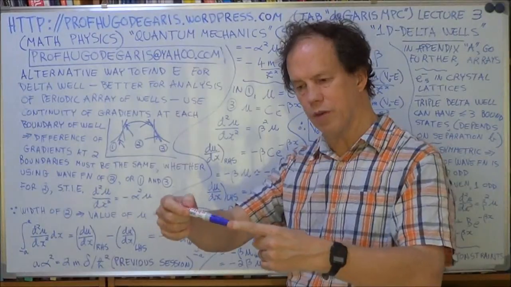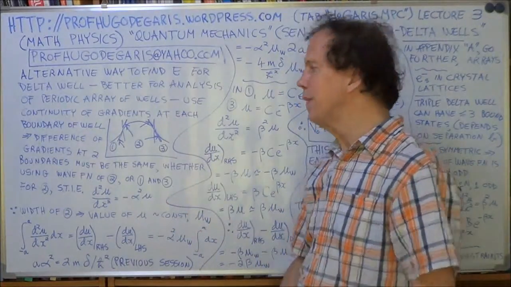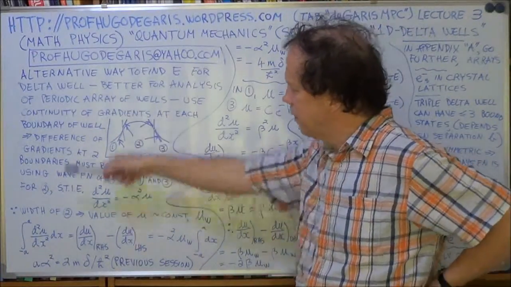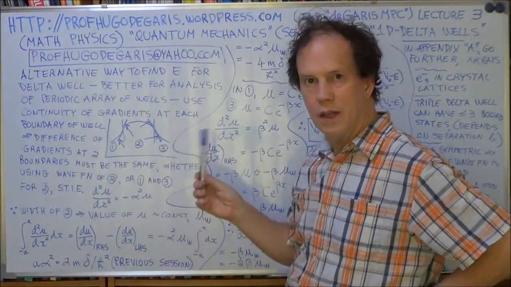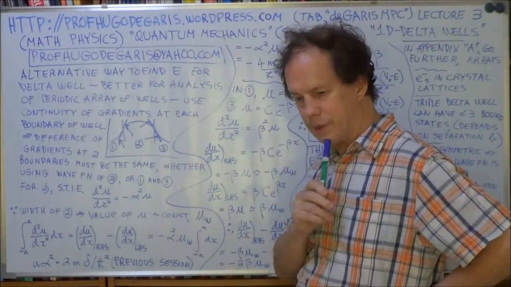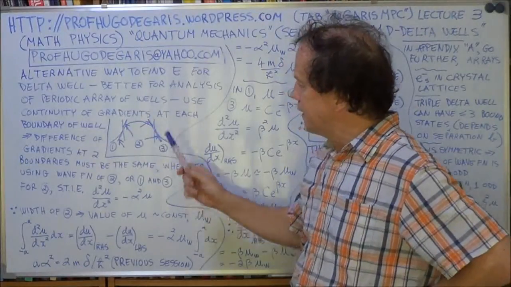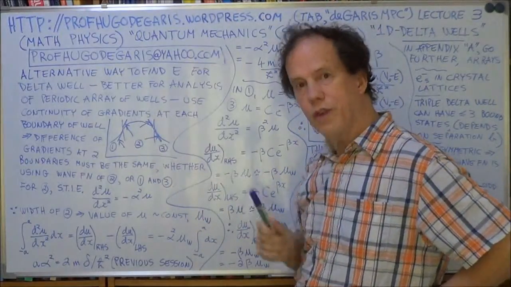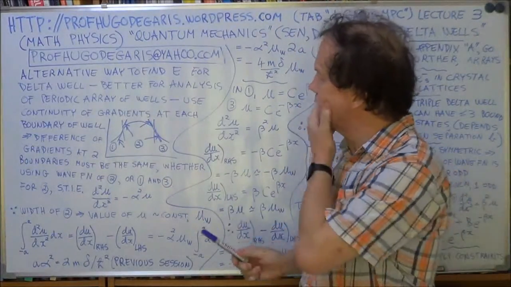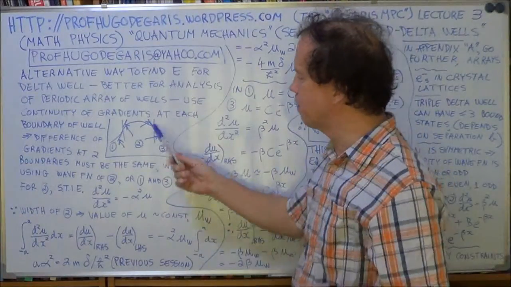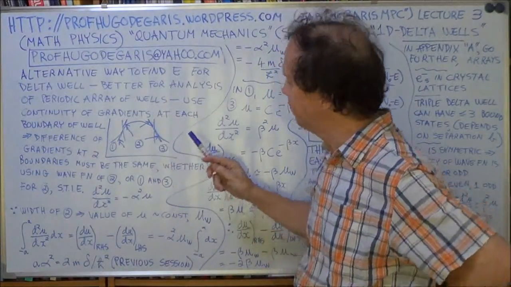You have to have continuity of gradient on either side of the boundary. So in this second technique for finding the energy of the wave function, the eigenvalue, we will use continuity of the gradient, right? So here's the idea. It's probably easy just to think of it visually.